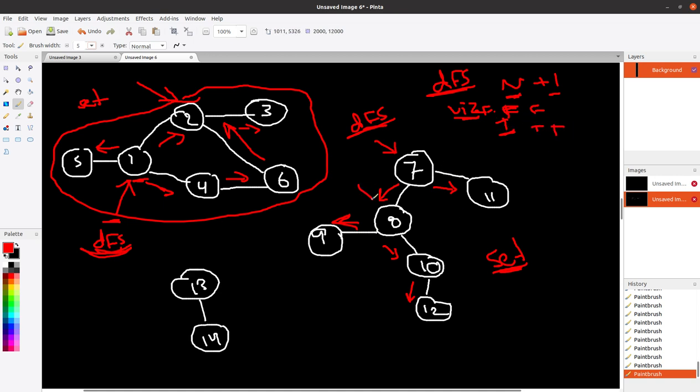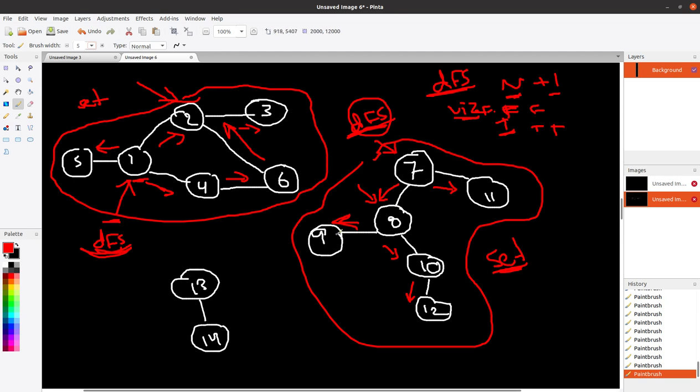So when we reach node 8, again, no need to do another DFS because it's visited, and we already have all the nodes for this set. The same for 9, 10, 11. They are visited because we called DFS for node 7. Also 12. Now node 13 is not visited, so we do DFS, and we will collect all the nodes in this set.